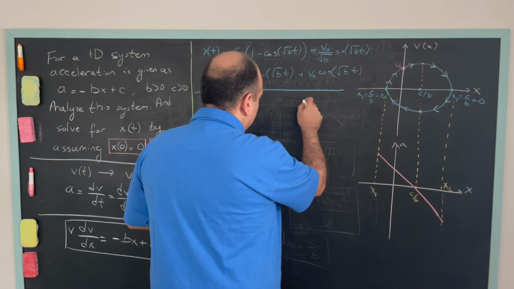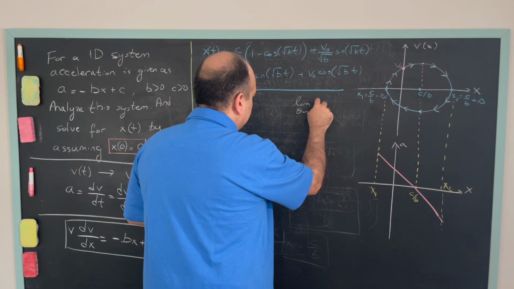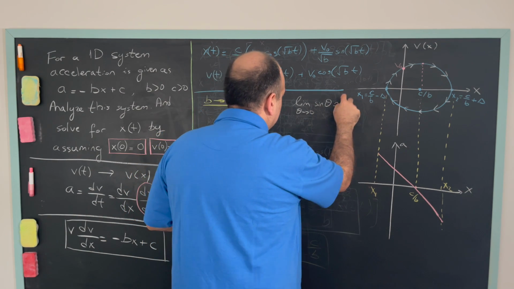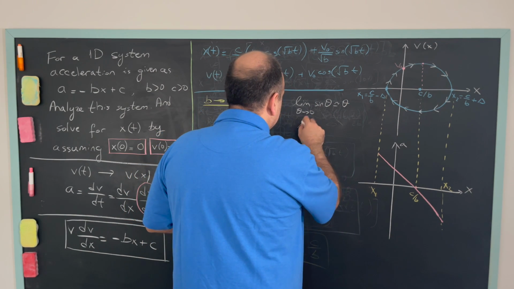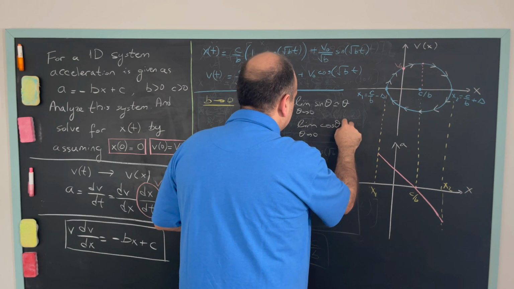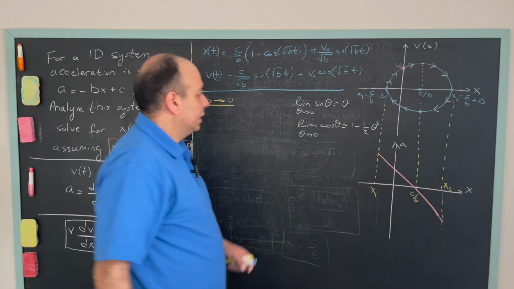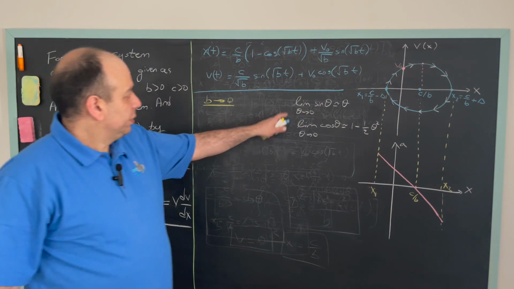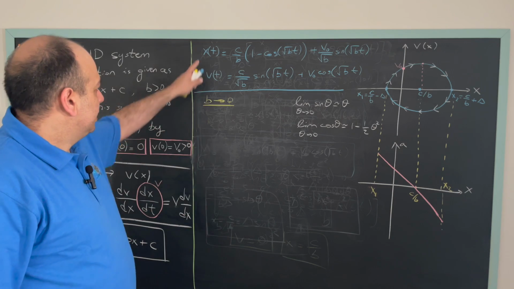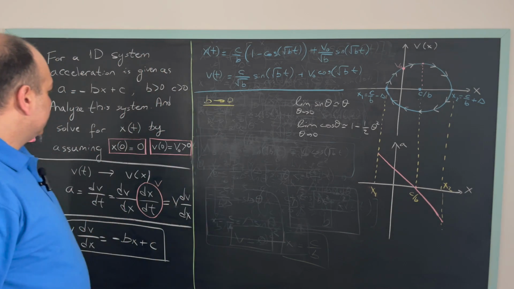Before we move on, I would like to remind you that in the limit when theta goes to 0, sine theta behaves like theta, and cosine theta is something like 1 minus 1/2 theta square. So we will use these two limits to show what these approach when we take b goes to 0 limit.